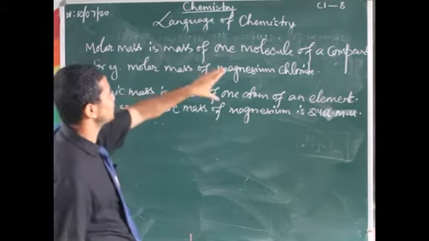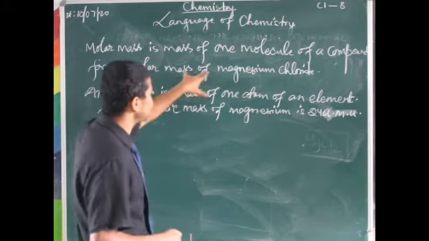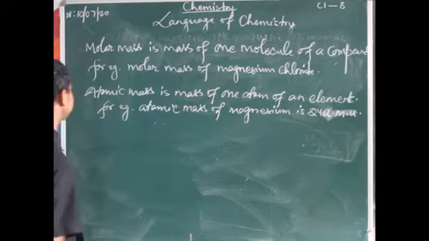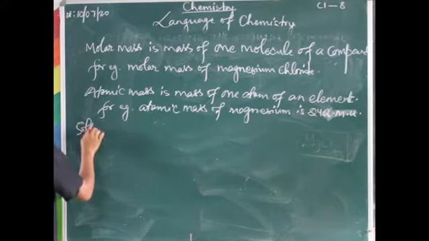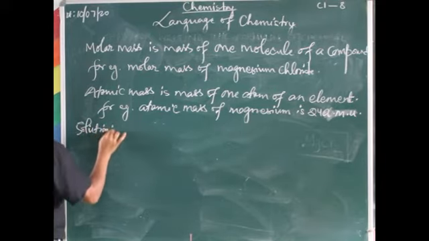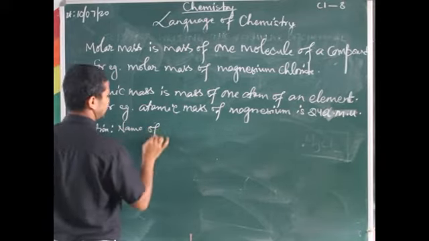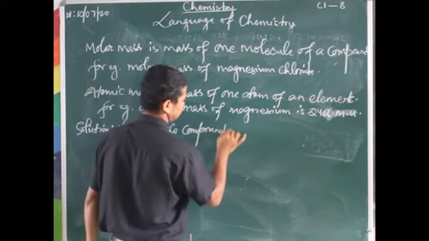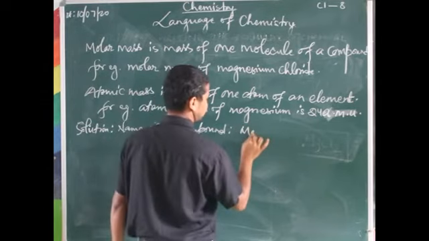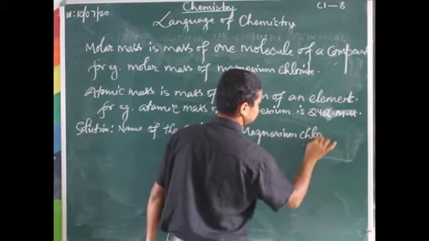Now molar mass is mass of one molecule of a compound. For example, if you want to find the molar mass of magnesium chloride, then you can write here: solution. Number 1, name of the compound, magnesium chloride.